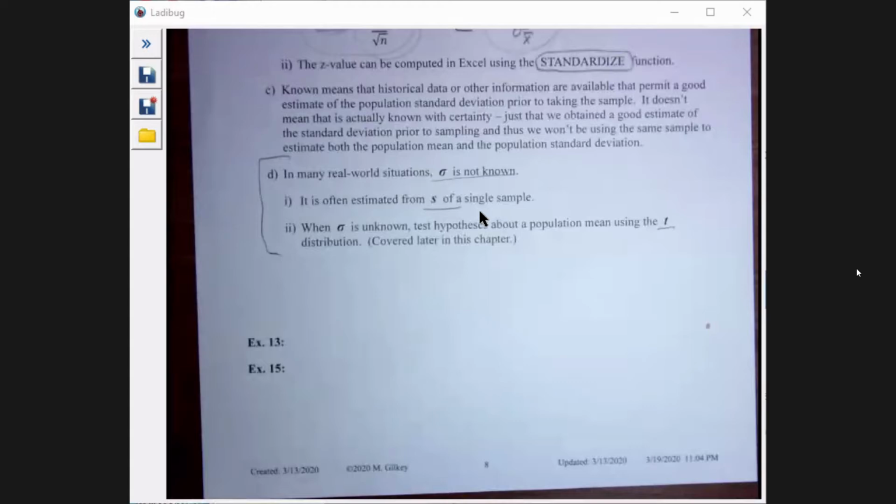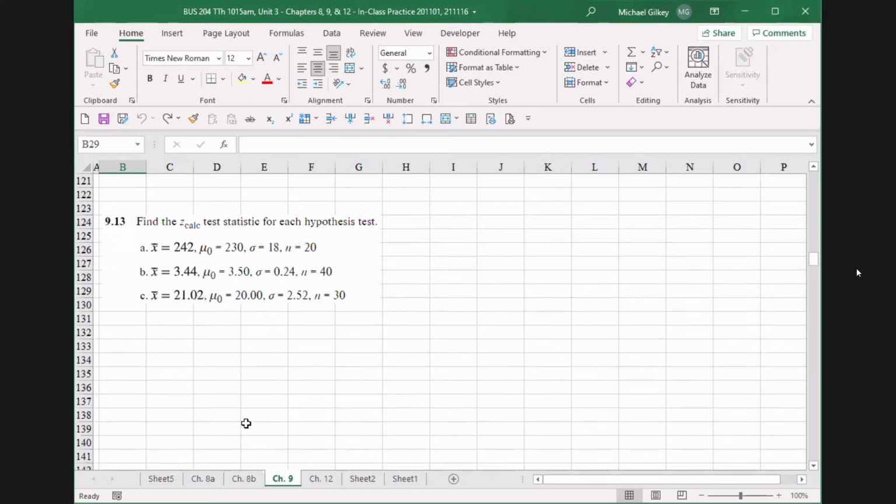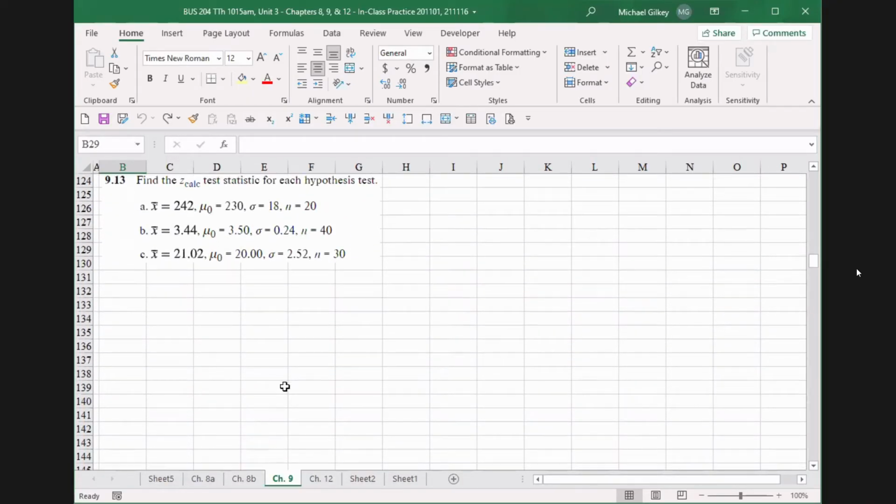First thing we're going to do, we're going to go to our workbook. And the first thing we're going to do is practice computing some test statistics. So we'll scroll down and look at that. Practice 9-13 says, find the zCalc test statistic for each hypothesis test.